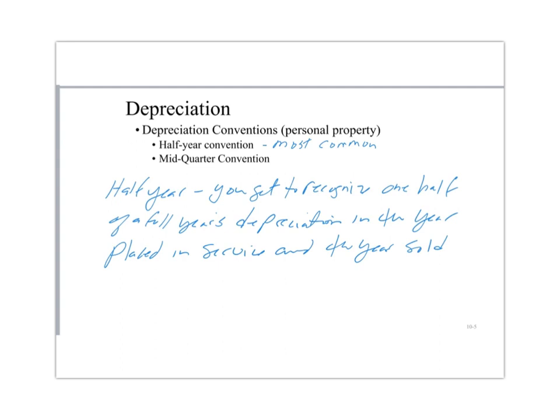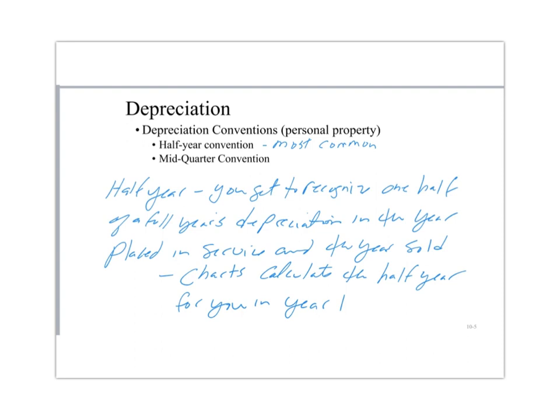So all of the other years in between, you get to recognize a full year of depreciation, but you get to recognize half a year of depreciation in the year you acquire that thing and in the year you sell that thing. The cool thing is your charts calculate that half year for you in year one.